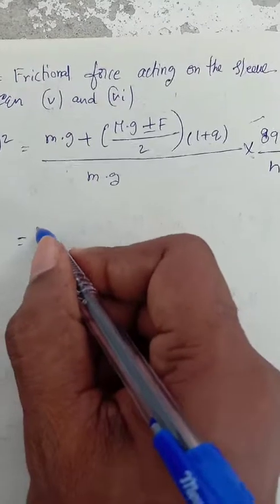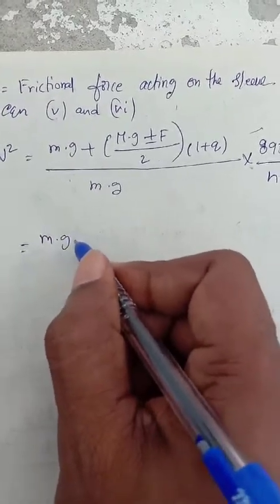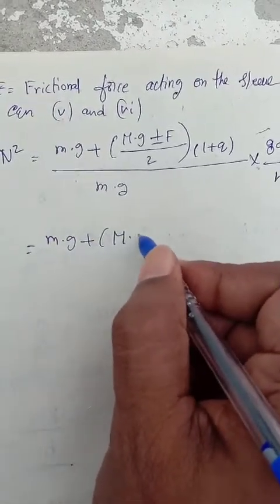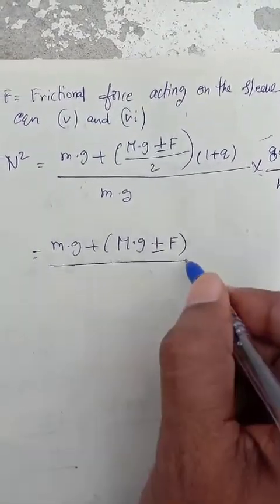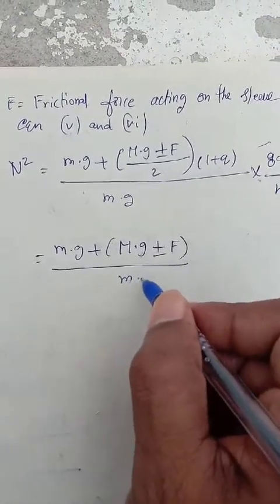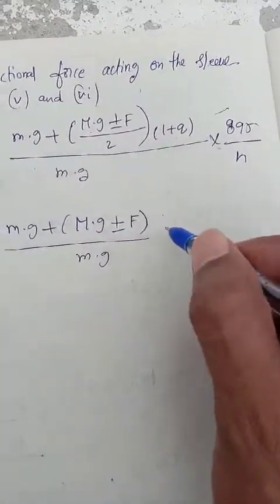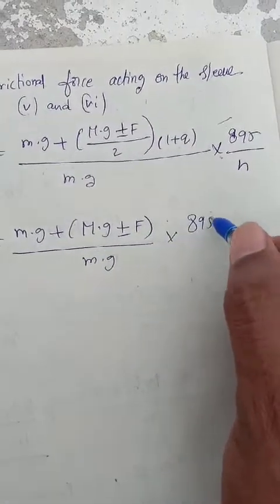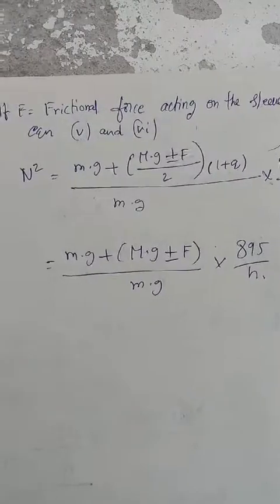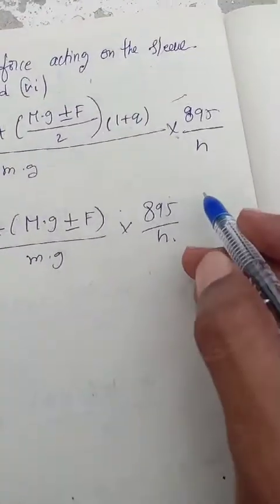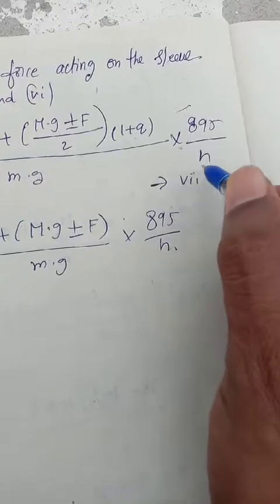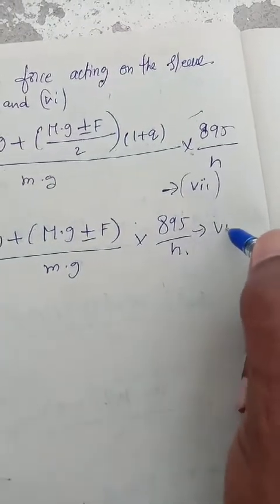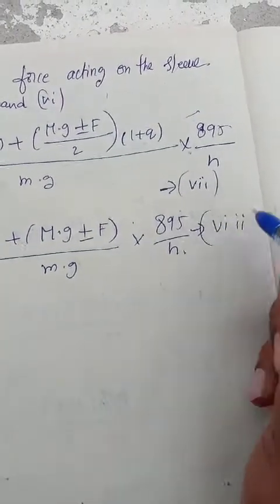So now here m into g plus capital M into g plus or minus f divided by m into g, that into 895 divided by h. Okay, so now here I put this as equation number 7, and this one I put as equation number 8.